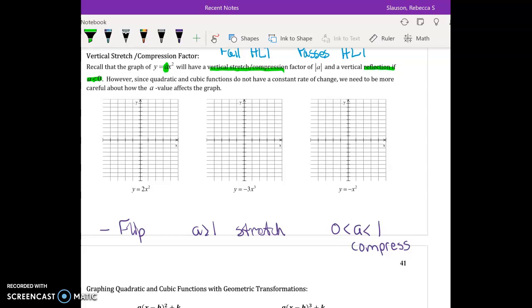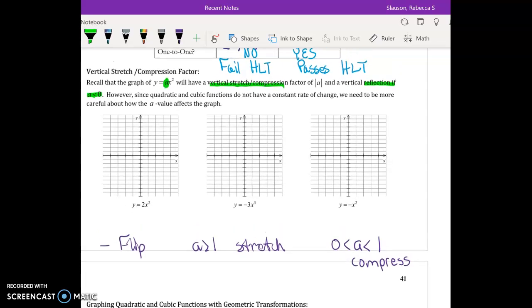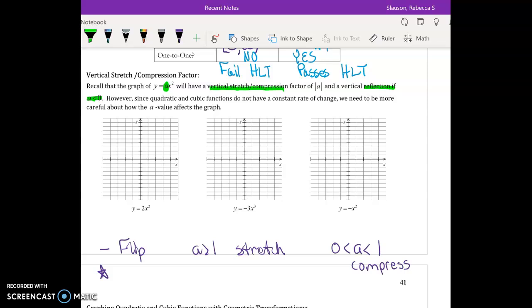So when we do this and we get our A values, that A value changes the Y value of our parent function. I'm just going to put PF for parent function.